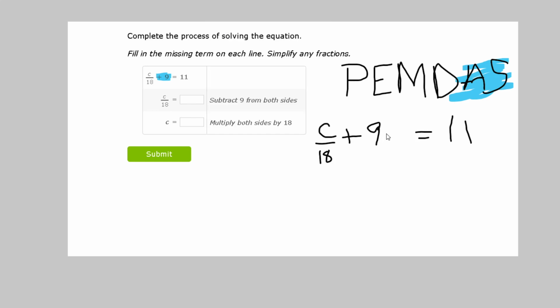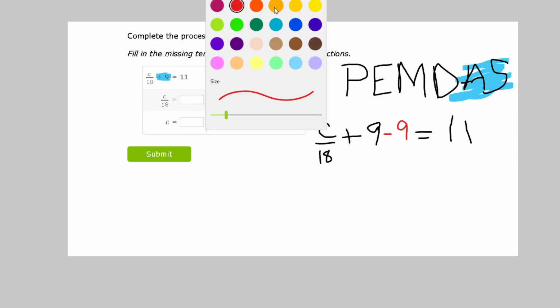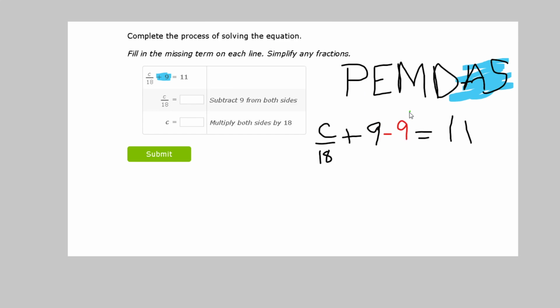If you subtract this 9 away over here, well, you know that 9 minus 9 is 0. Subtract these both away because this is 0.